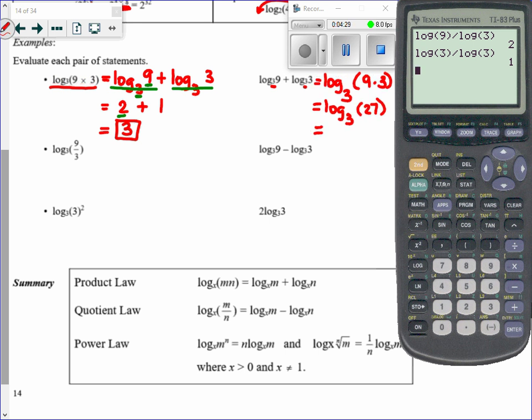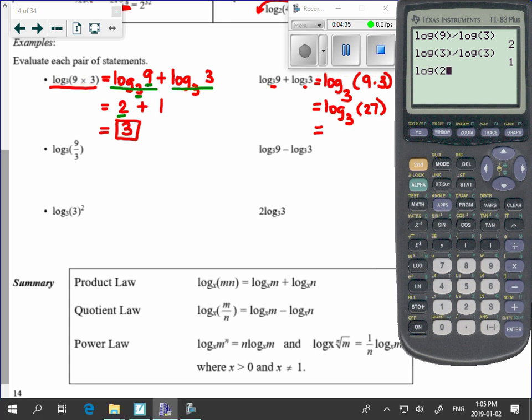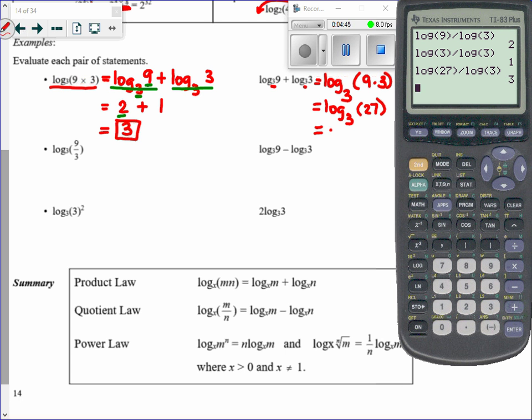If you plug that in on your calculator, you'd plug in log 27, close your bracket, divided by log 3, and it gives you an answer of 3. Again, you could have done that in your head and just said 3 raised to what power will give me an answer of 27? 3 cubed gives me an answer of 27.